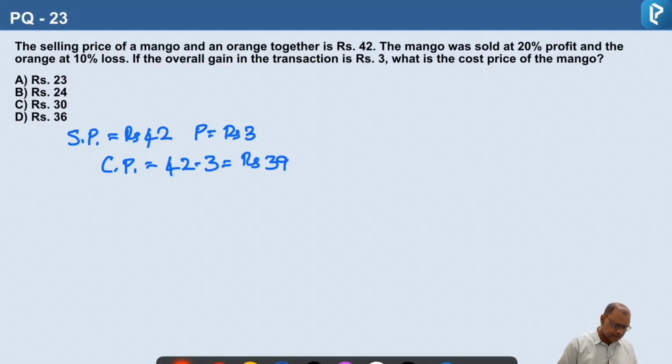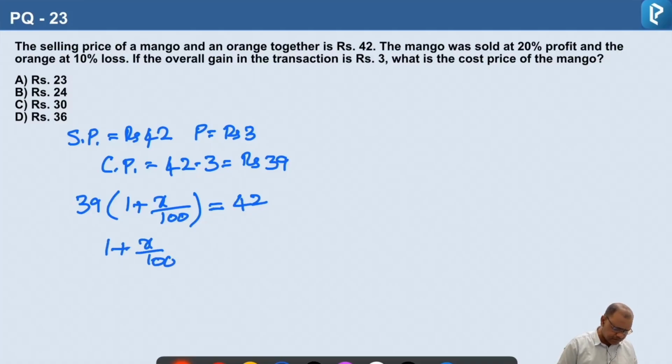Now let us find the gain percentage. 39 increased by X percent becomes 42. Simplify: 1 plus X by 100 is equal to 42 by 39, which is 14 by 13.